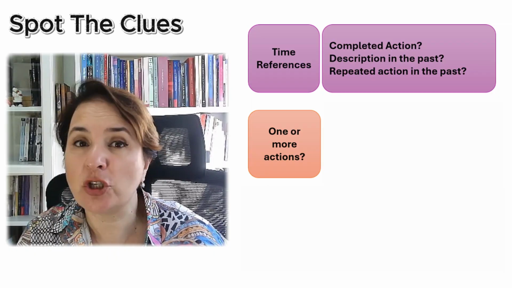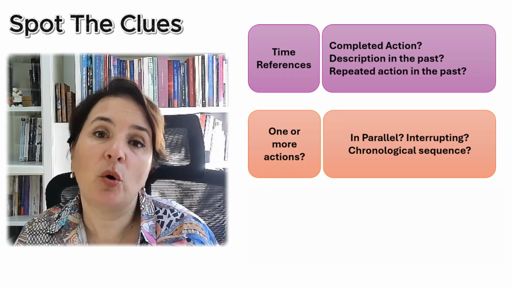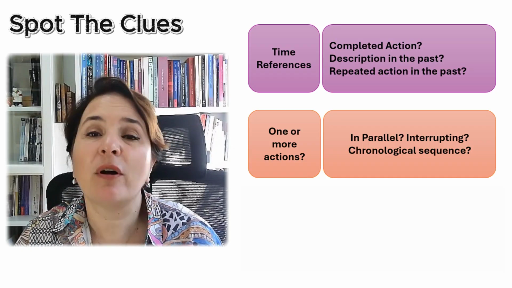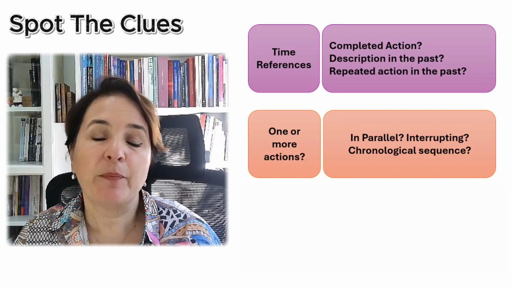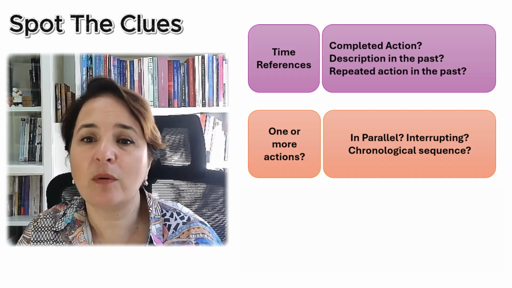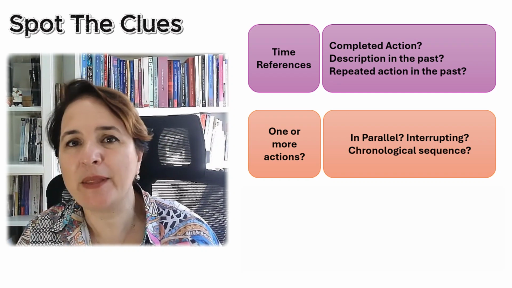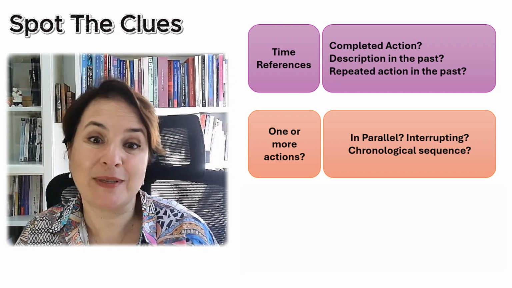Are those actions happening in parallel, or is one action interrupting another? Or am I describing a sequence of events? Por ejemplo, estaba estudiando cuando mi amigo me llamó. Two actions, one was already happening and the other one interrupted it.